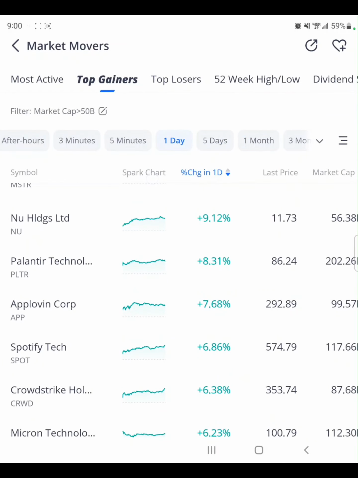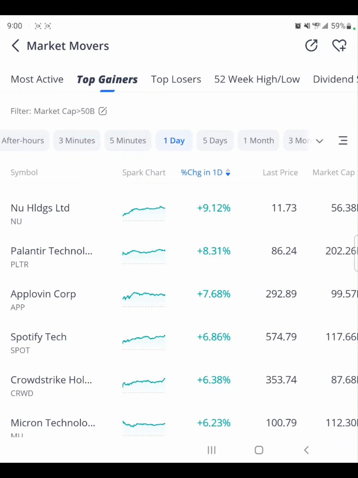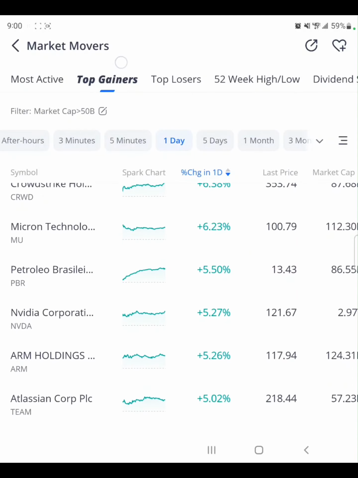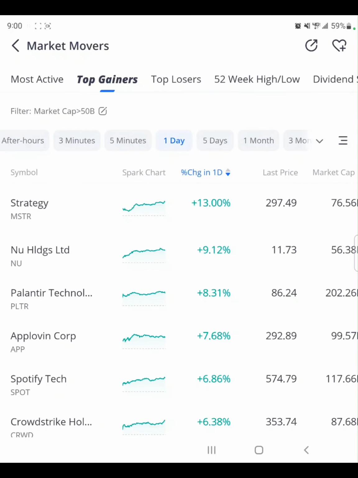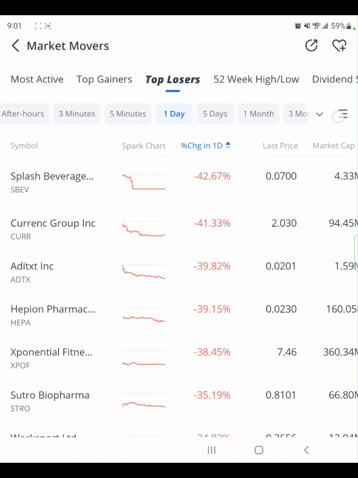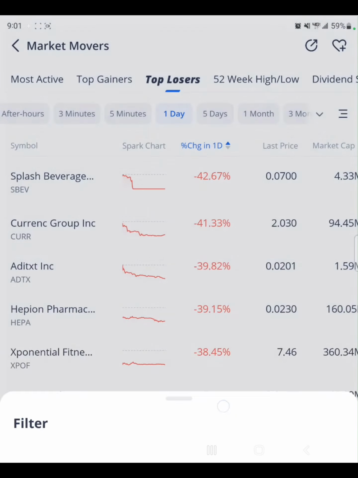So let me use, for example, NU. These are the top movers for the day. You can use any stocks from here. Why? If you have a bullish sentiment for the day, you go over to the top losers section and you do the same thing.